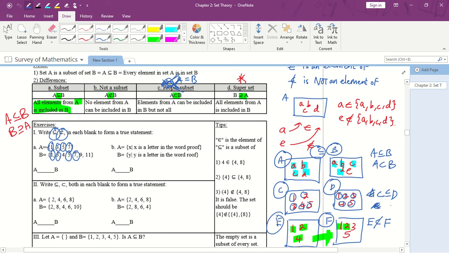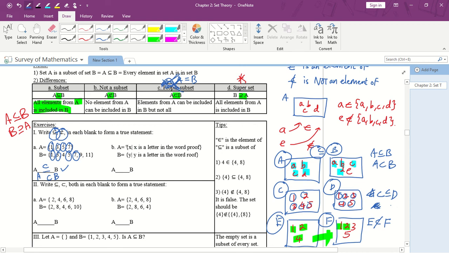So we can see that all elements from A are part of the elements of B. So we can say that A is a subset of B. And of course, for this question, you also can write A is a proper subset of B. However, the question doesn't require it, so you can just write this, it's okay. Because A and B don't have equal sets, you can write it too. But for this question, you cannot, because it doesn't give you the option.